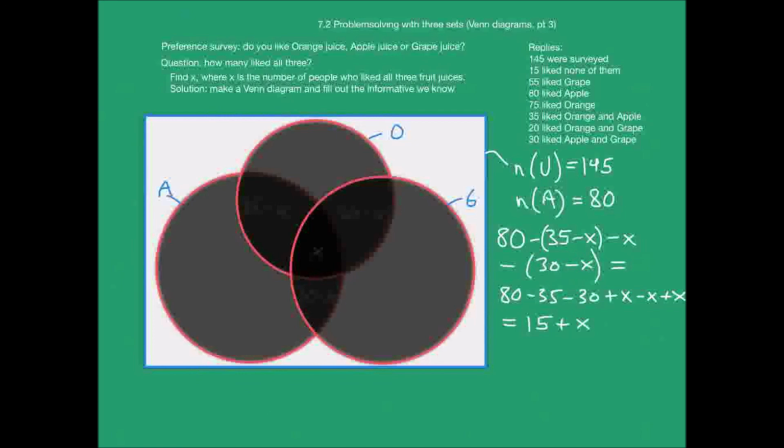So that should leave us with only this area. And once we clean these up, 80 minus 35 minus 30, so we just move around things here, just like we're allowed to do, we're going to be left with a simple expression, 15 plus x. So we can write that here.